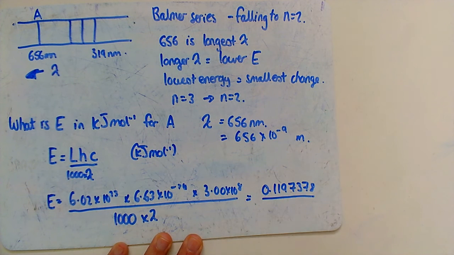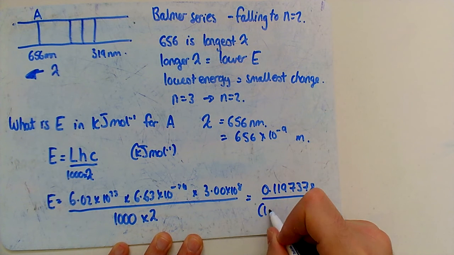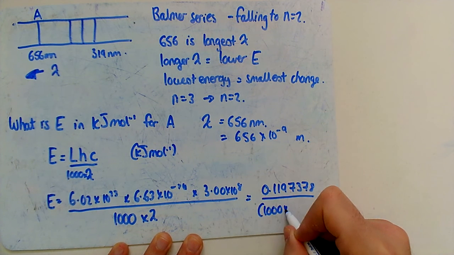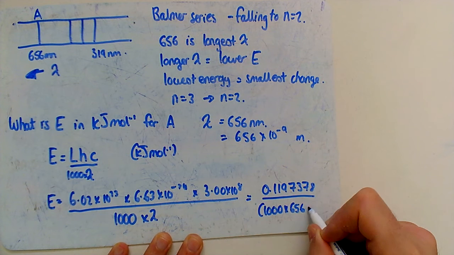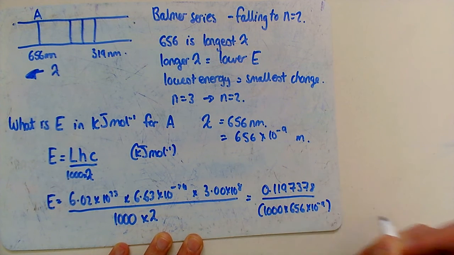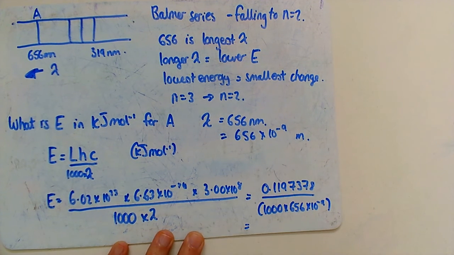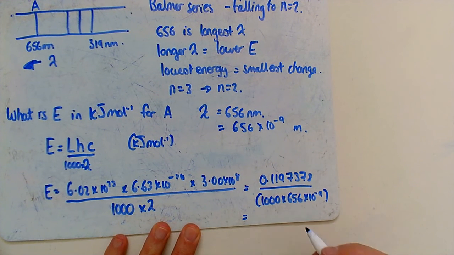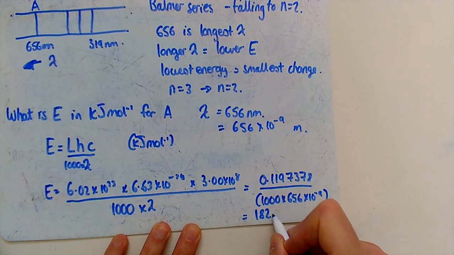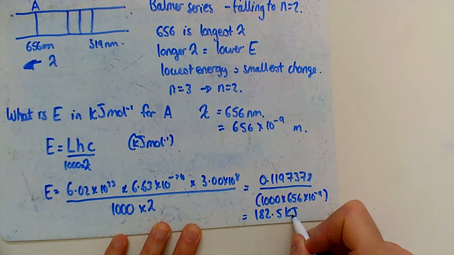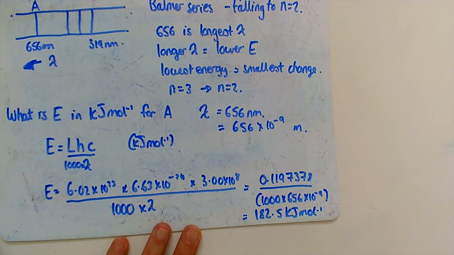And then if we're multiplying by 1,000, again multiply by 656 times 10 to the minus 9, and it works out at 182.5 kilojoules per mole.